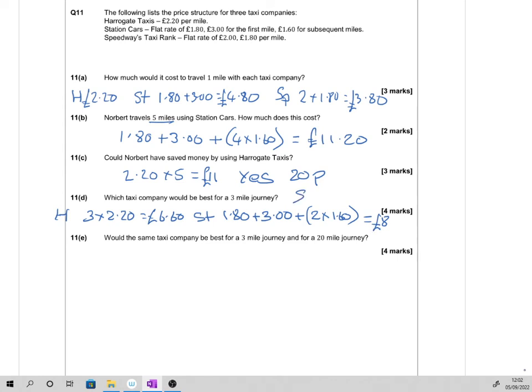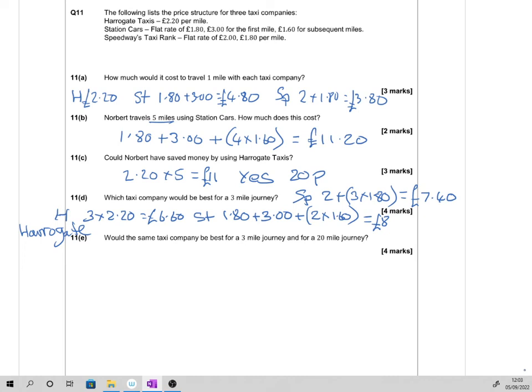Speedway for a 3-mile journey is 2 plus 3 times £1.80, equals £7.40. Which taxi is the best one? The best one is Harrogate.